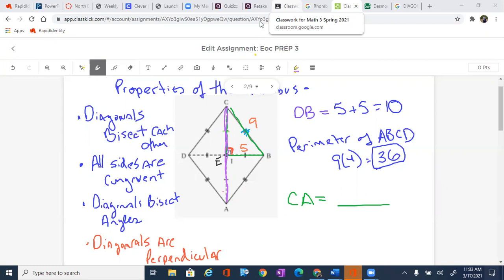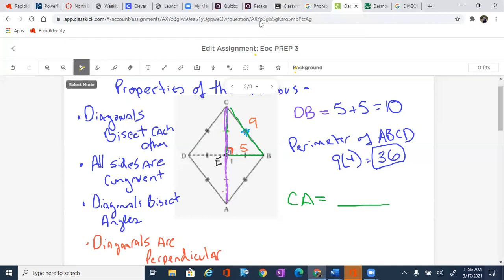So let's go ahead and find CE. The way we're going to find CE is to use the Pythagorean theorem. So I'm going to say, okay, well, we've got x squared plus 5 squared equals 9 squared.